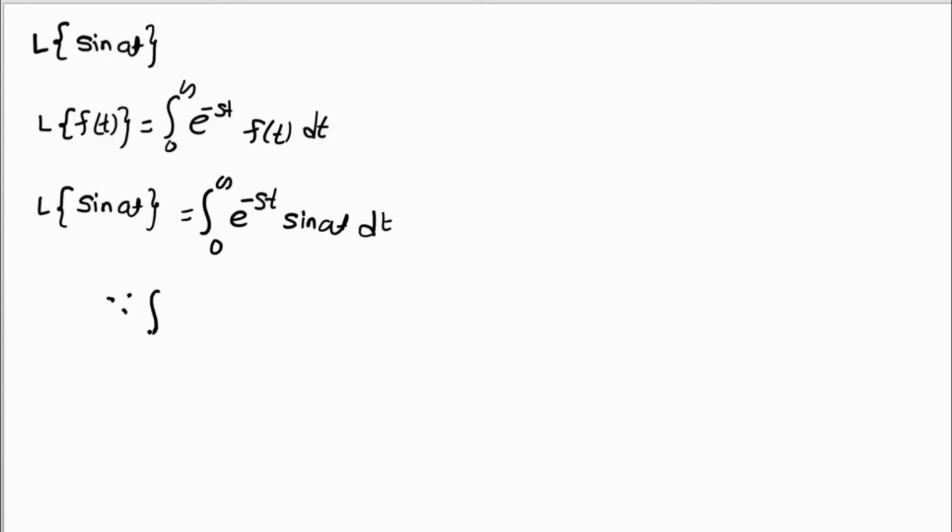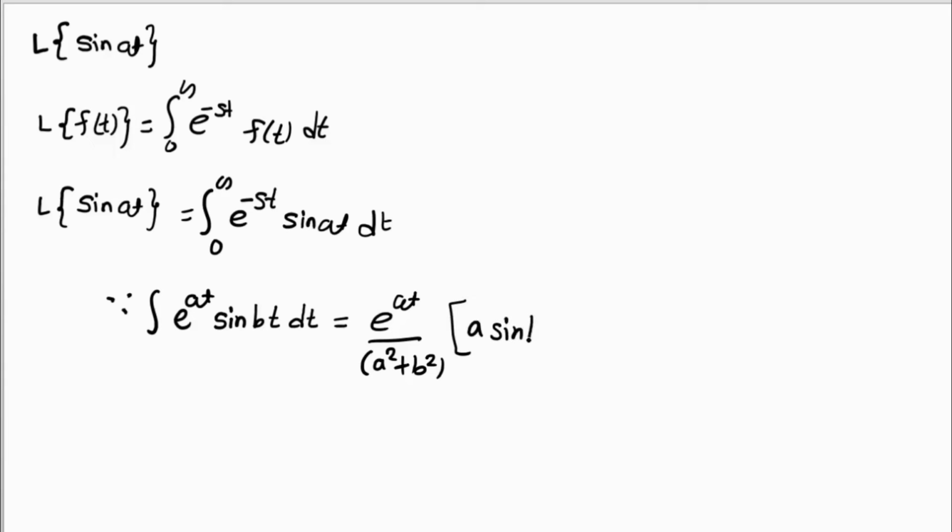The integration formula is: integral e raised to the power at into sin bt dt is e raised to the power at upon a square plus b square, in bracket a sin bt minus b cos bt. So this is the standard formula of integration.